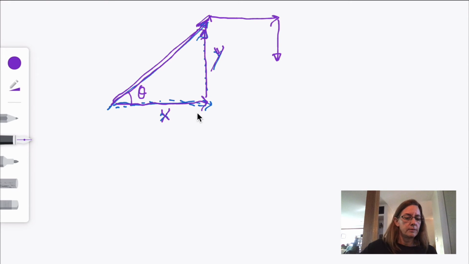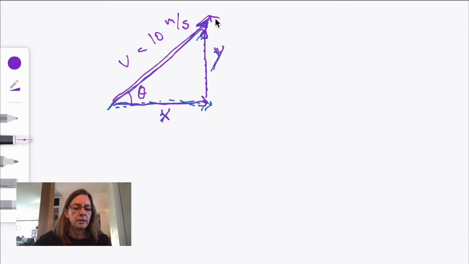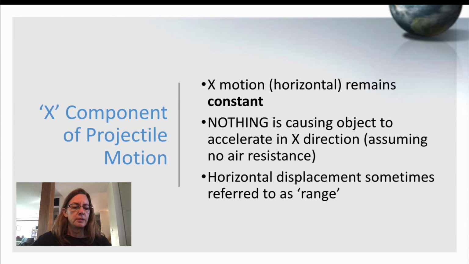So if this were not displacement vectors, but instead they were velocity vectors, and let's say this object was thrown at an initial velocity at some angle to the horizontal, then to evaluate the y motion, all we need to know is the y component. Likewise, when we're looking at the horizontal motion, what's happening in the vertical direction has no bearing.